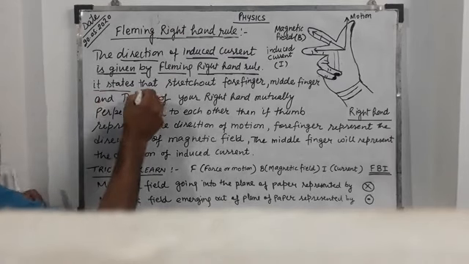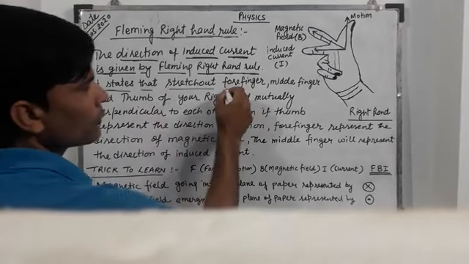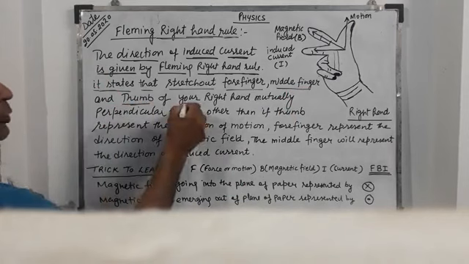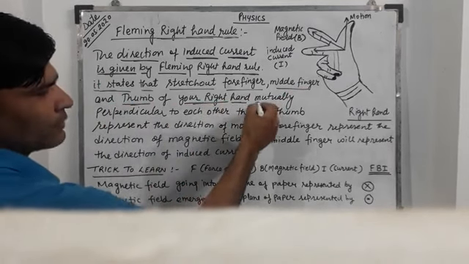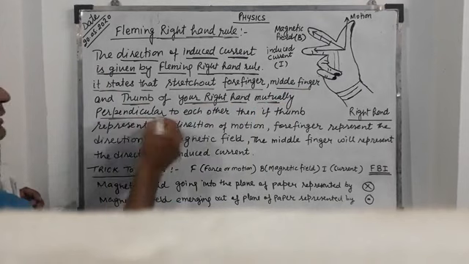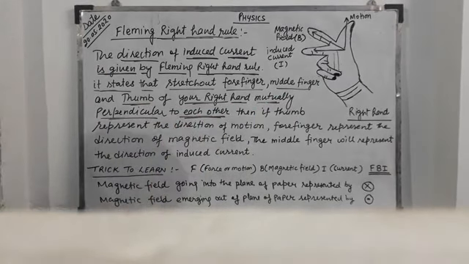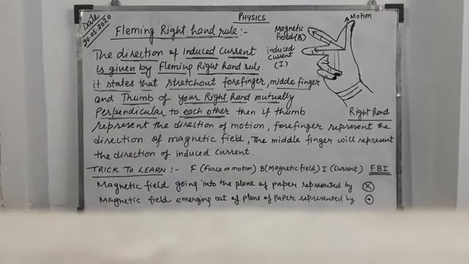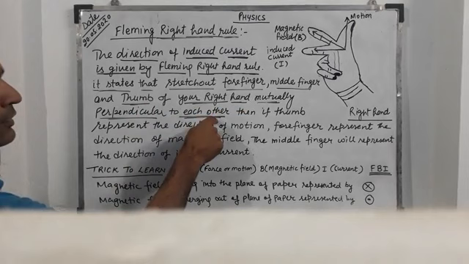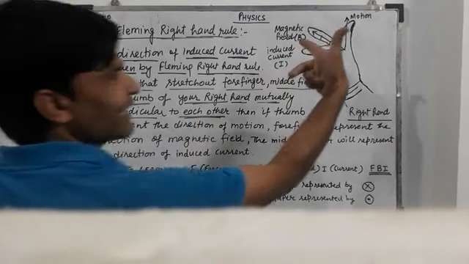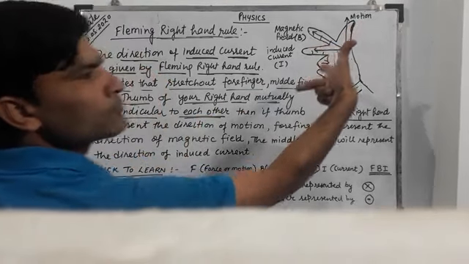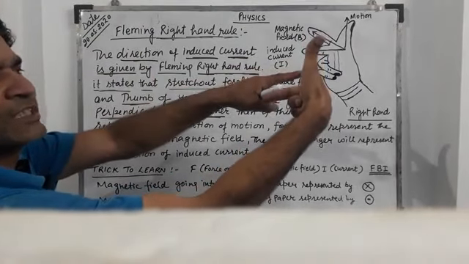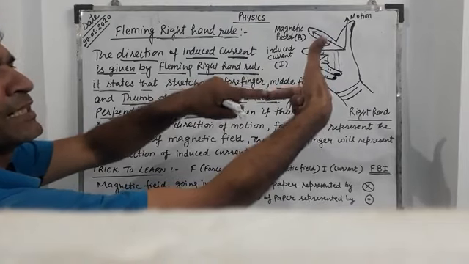It states that you stretch out the forefinger, middle finger and thumb of your right hand mutually perpendicular to each other, like this. You can see this: this is the thumb, this is the forefinger and this is the middle finger.